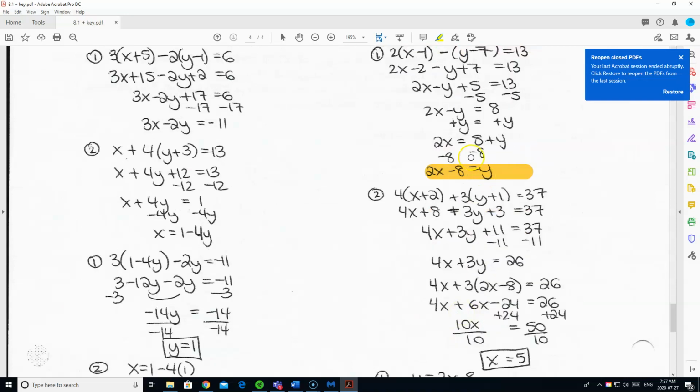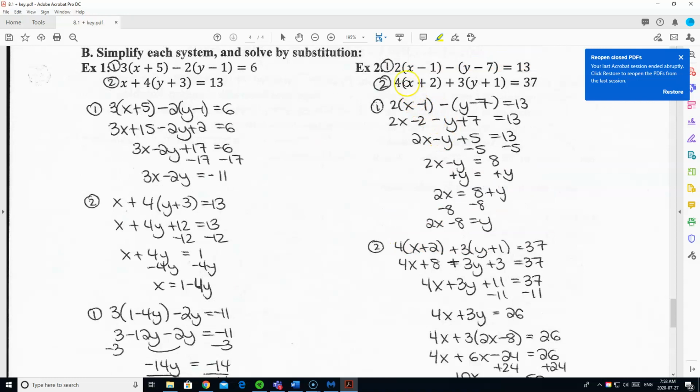Okay, so they might plug this whole equation into the substitution step, but before you do that, you want to simplify the second equation here. So it's equation 2, right? And then here we're simplifying it. So 4 times x, 4x, 4 times 2, 8, 3 times y, 3y, 3 times 1 is 3, equals 37.